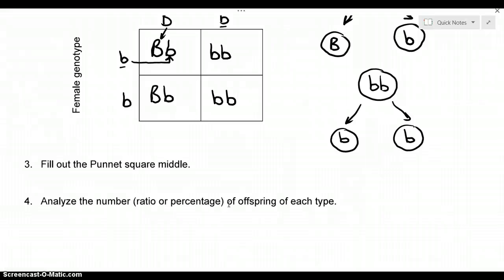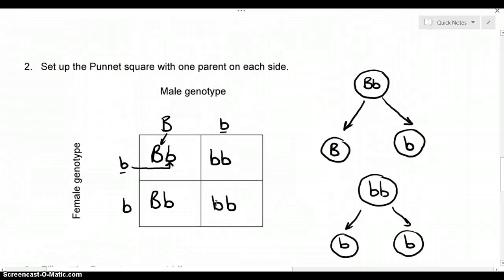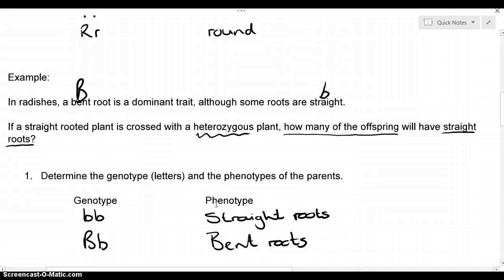So we analyze these numbers and we determine what is the phenotype and the genotype of the offspring. If we go back to our initial question, we need to find out how many of the offspring will have straight roots, right?